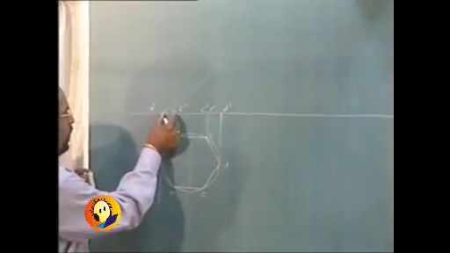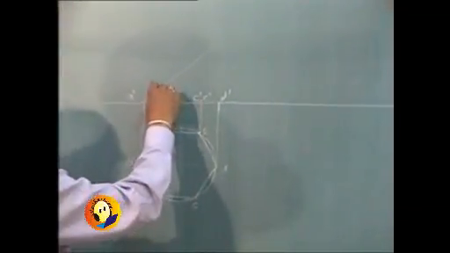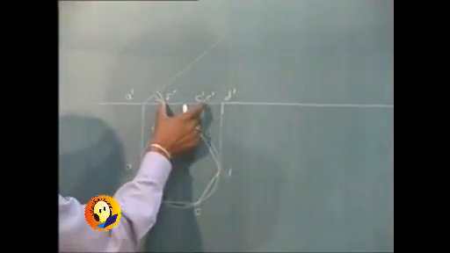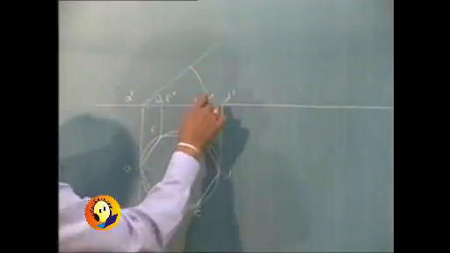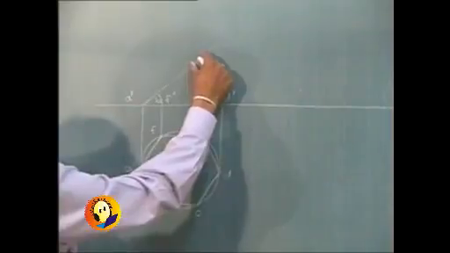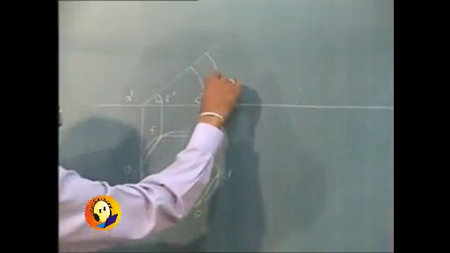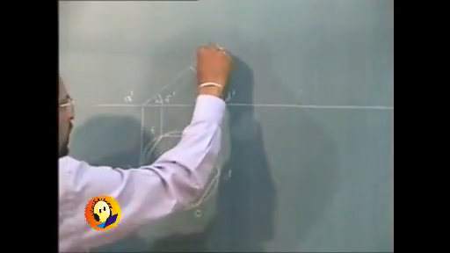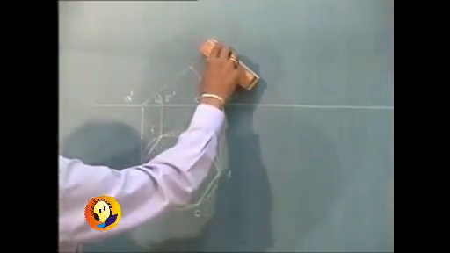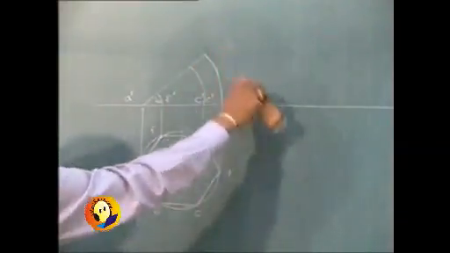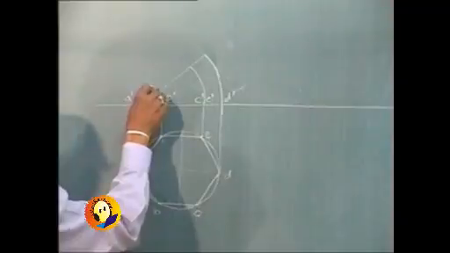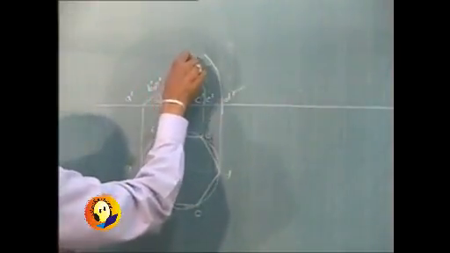We are required to mark all these points. So we will perform the entire rotation, and these will be the new points B dash, F dash, these will be C dash and E dash.